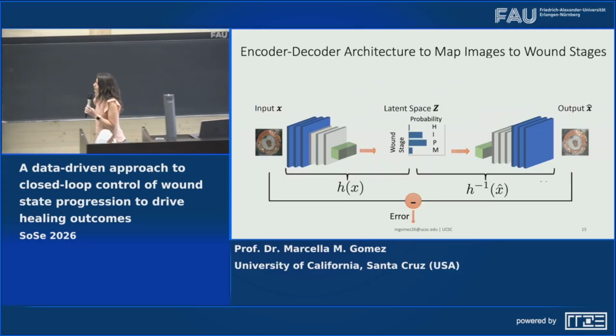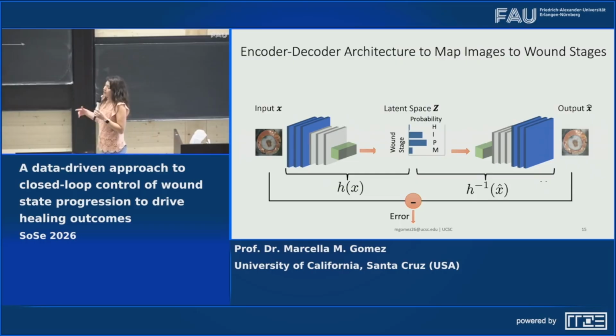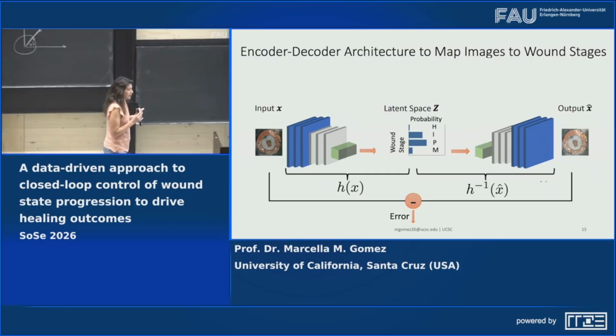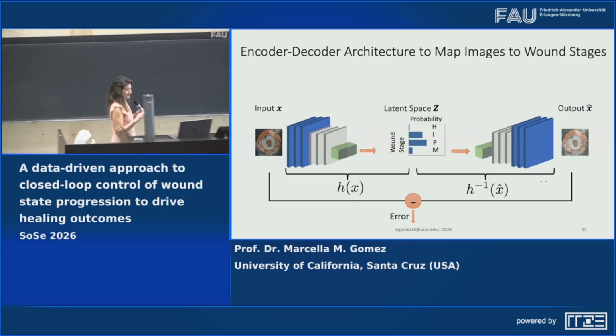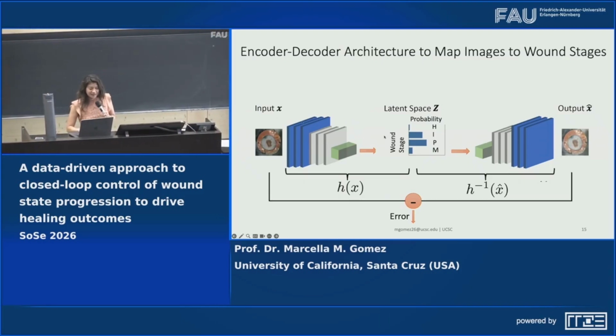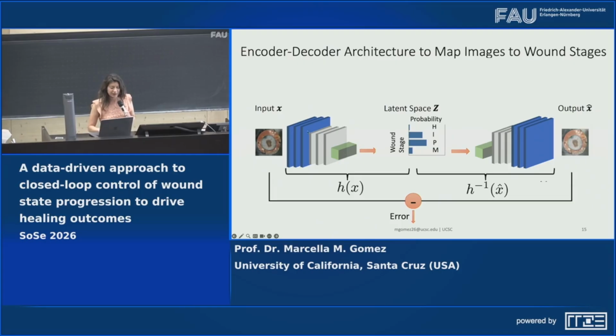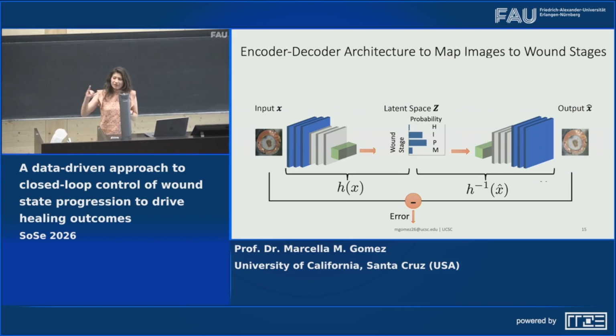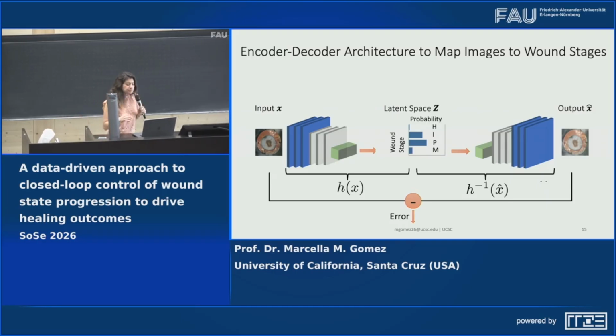We start with this encoder-decoder architecture, which is what helps map our images to a latent space. You train the weights of this encoder-decoder, and the idea is that the encoder takes the image and maps it to a latent space. We choose the latent space dimension, which in this case we choose to be 4 to represent the wound healing stages.